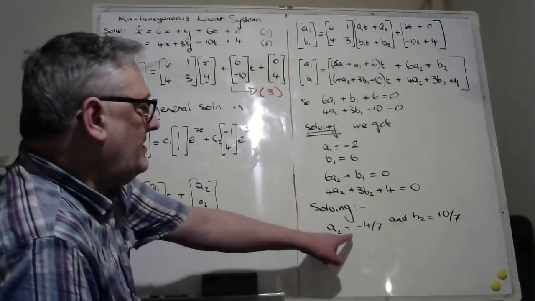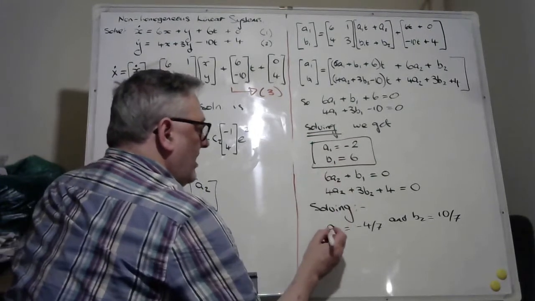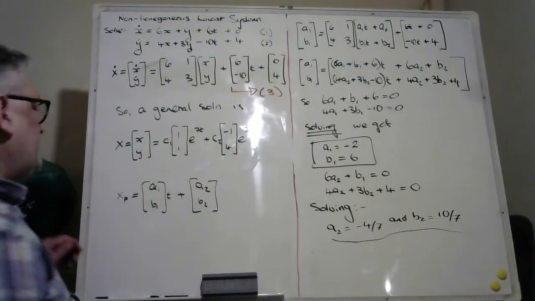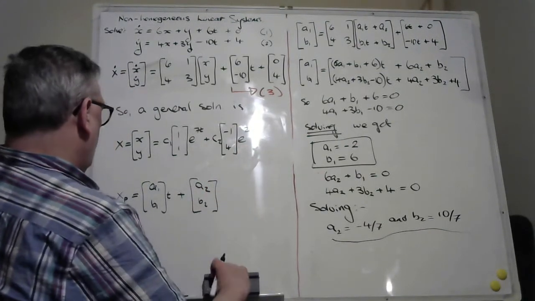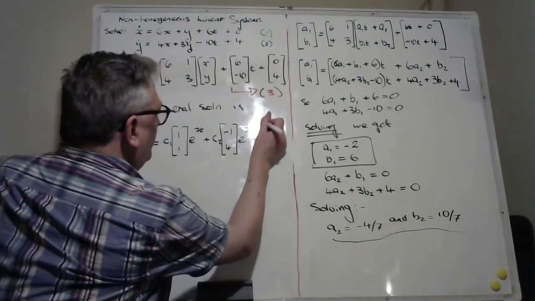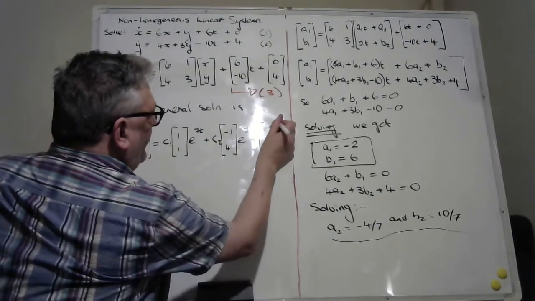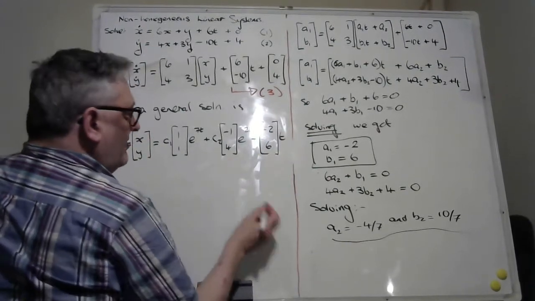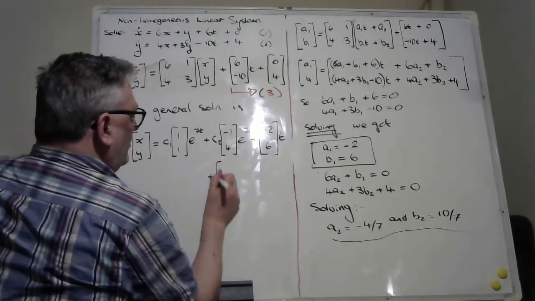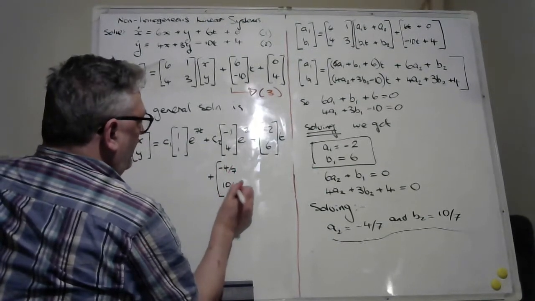So if you just substitute these values for A1 and B1 and A2 and B2 into this, then you get, I'll write it over here, A1 is minus 2 and B1 is 6 times t plus, in brackets, minus 4 over 7 and 10 over 7.